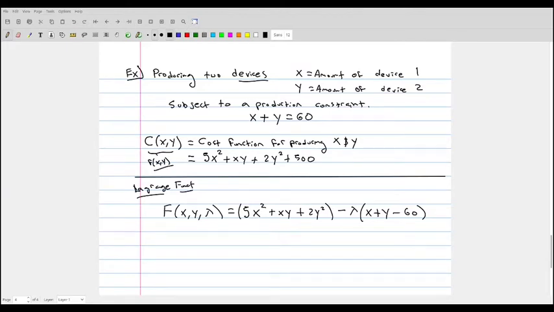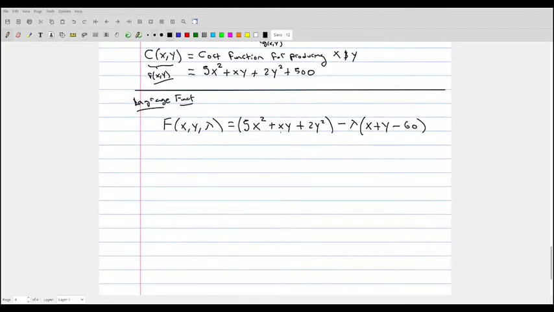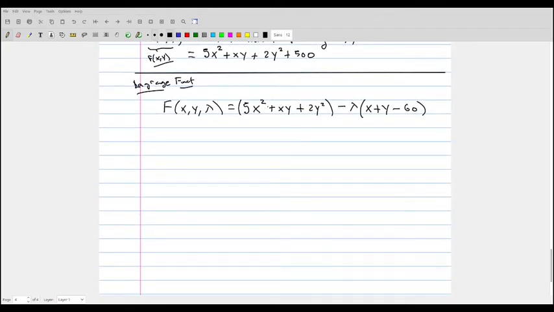We want to find the optimal cost, right? When we have this constraint right here. This is our constraint function, g of xy. So our Lagrange function will take this form right here, where this is our f of xy minus lambda times g of xy minus c.